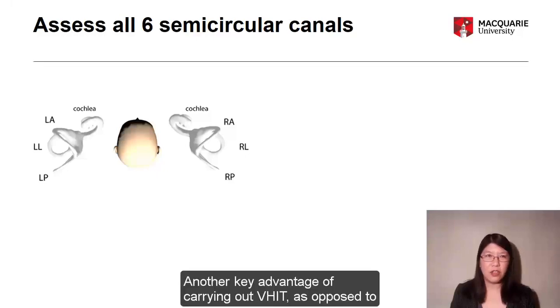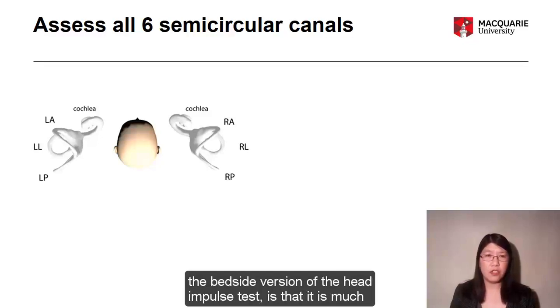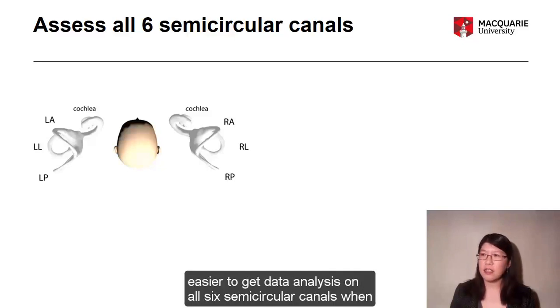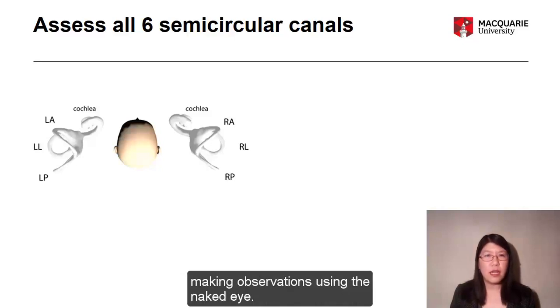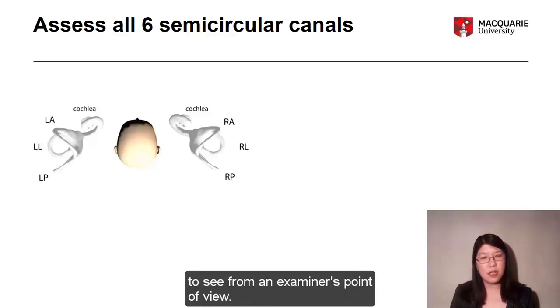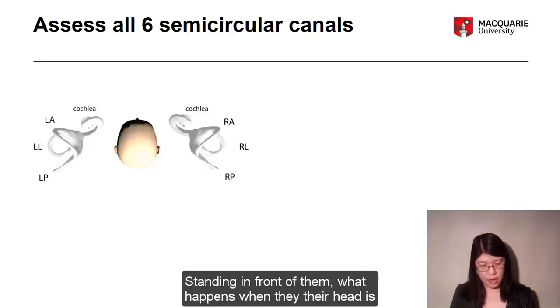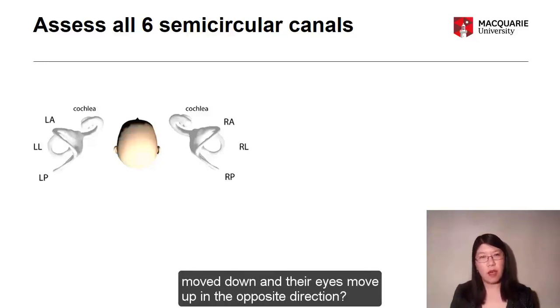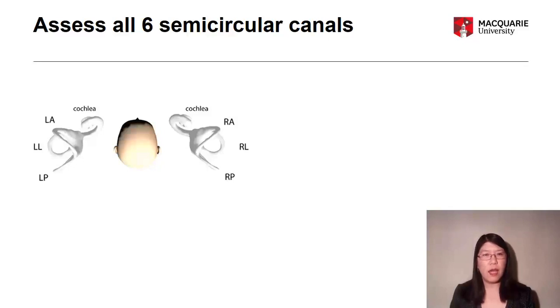Another key advantage of carrying out VHIT as opposed to the bedside version of the head impulse test is that it is much easier to get data analysis on all 6 semicircular canals. When making observations using the naked eye, it's very difficult when the head is tilted because it's hard to see, from an examiner's point of view standing in front of them, what happens when their head is moved down and their eyes move up in the opposite direction.